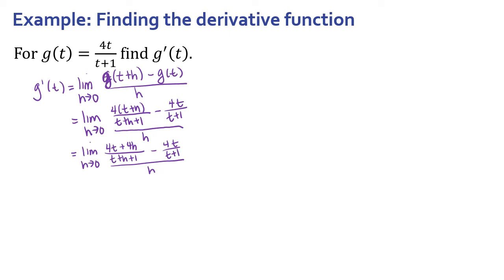And so we learned in previous sections the problem-solving strategy for this. If we have a complex fraction, you're going to multiply both the numerator and denominator by the least common denominator. So if I looked at this, that least common denominator is going to be t plus h plus 1 times t plus 1.